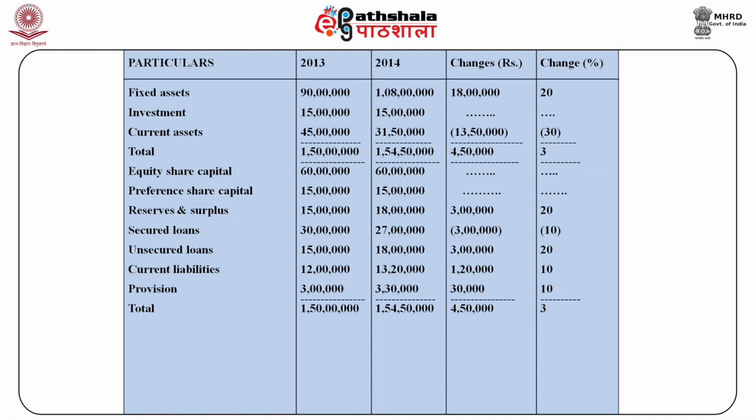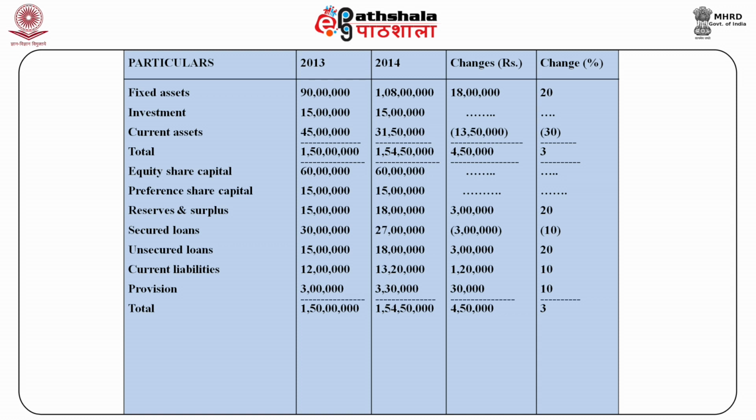This shows that the fixed assets have increased by 18 lakh, registering a percentage change of 20%. Then we have investment in the year 2013 of 15 lakh and in the year 2014 we have 15 lakh. That is, there is no change in the investments.